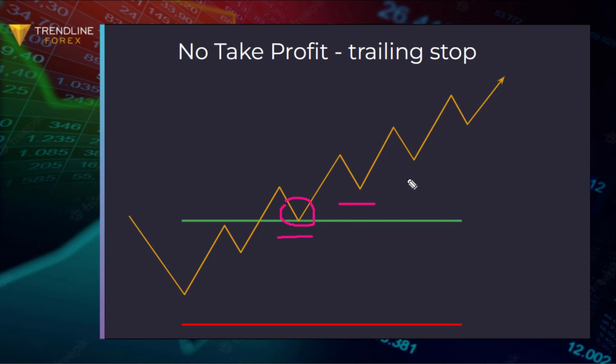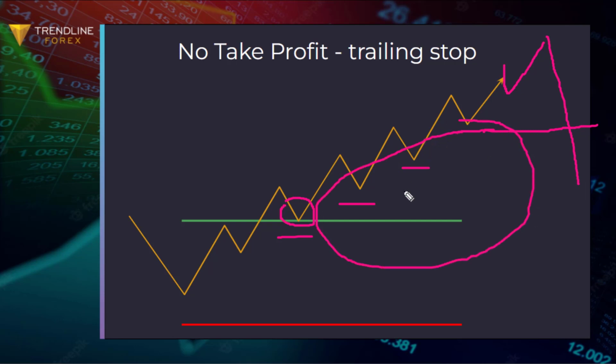This way, you squeeze out as much profit as possible from a certain move, and in the near future, when price eventually reverses, you will get stopped out, but you will have managed to take advantage of that whole move instead of exiting your trade earlier, right?